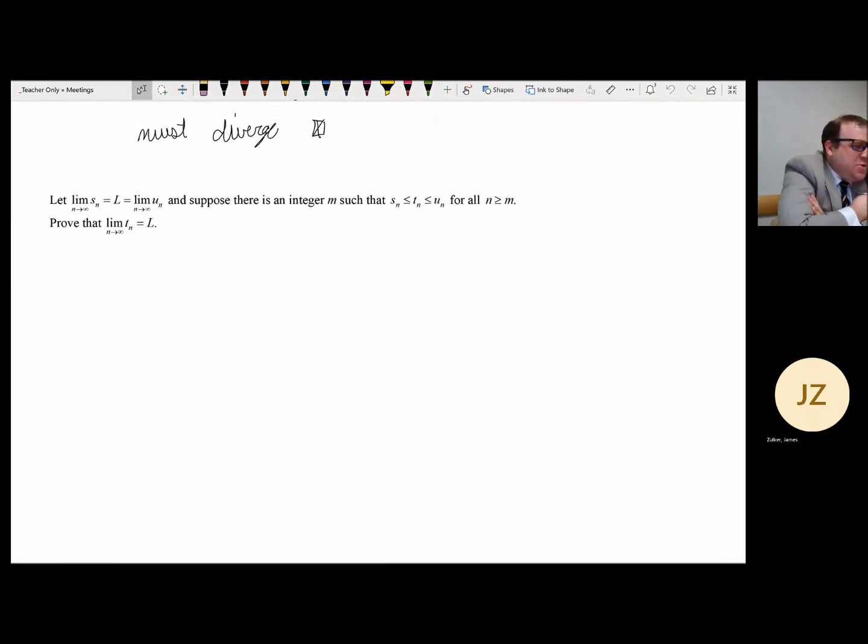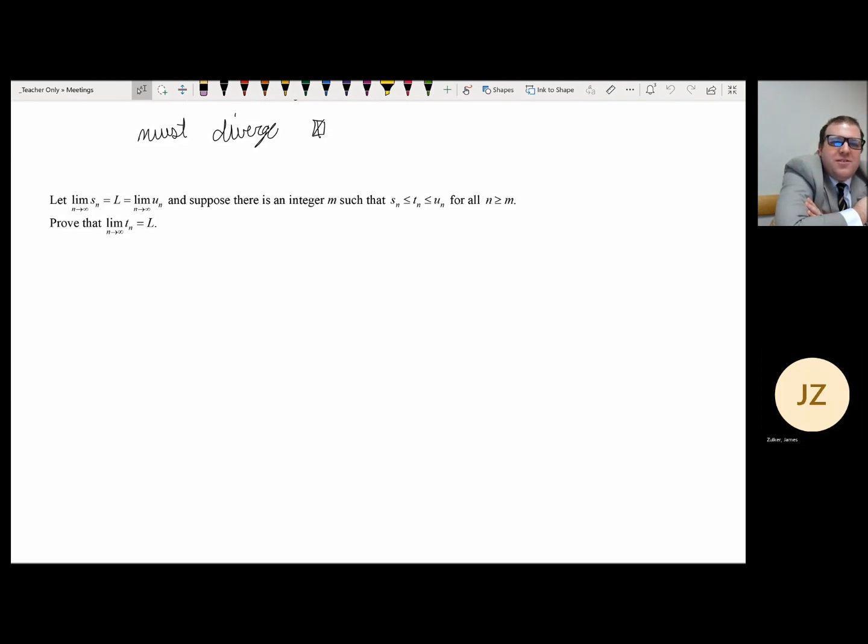So let the limit as n approaches infinity of S sub n equal L, which is the same as the limit as n approaches infinity of U sub n. So in other words, S_n and U_n converge to the same value. Let's also suppose there is an integer m such that S_n is less than or equal to T_n, less than or equal to U_n for all n greater than or equal to m.